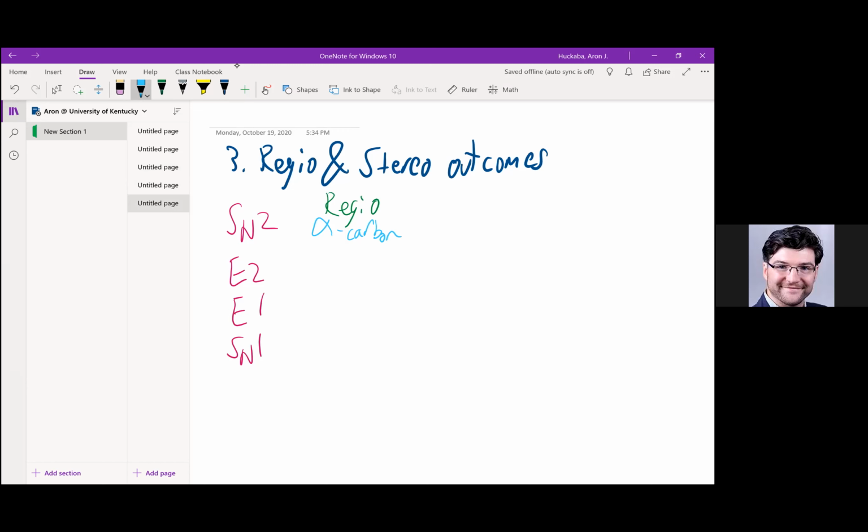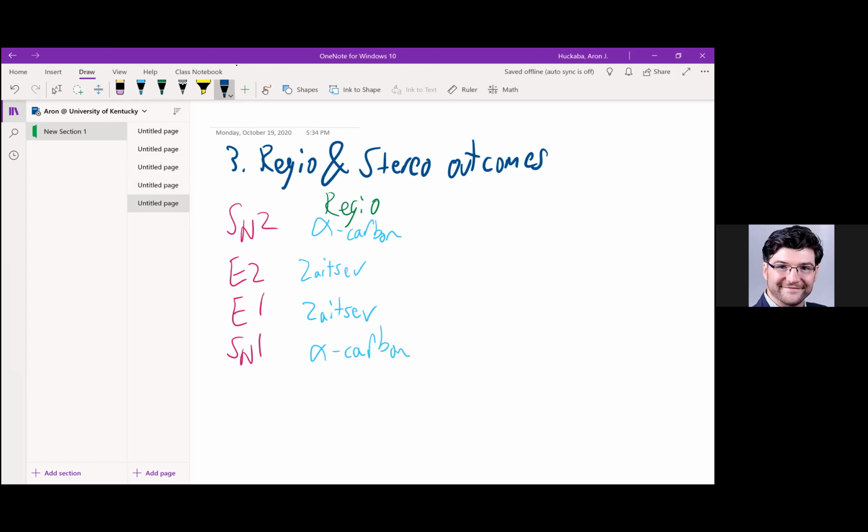Whereas the E2 regiochemistry basically makes the Zaitsev product, unless the base is very bulky. E1 also makes the Zaitsev product. And the SN1 again is dependent on the alpha carbon because that's what it attacks.